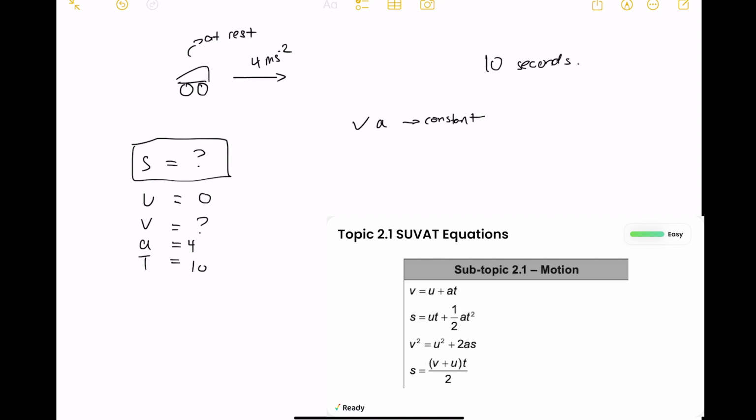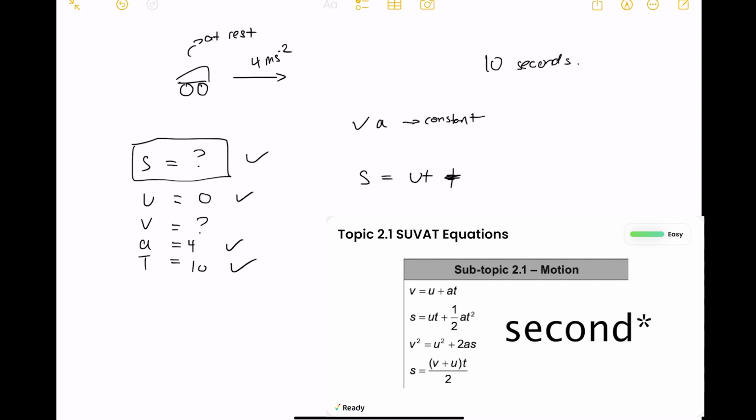Let's look at the equations and see which one we can use. When picking which equation to use, we pick the one that has these 4 variables: S, U, A, and T. You can find all of this in your data booklet, so there's no need to memorize SUVAT equations.